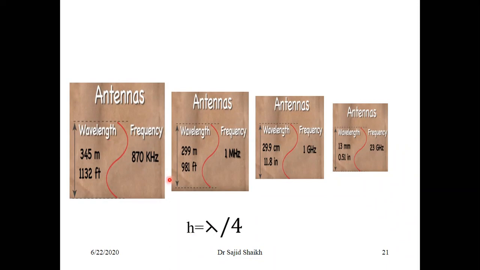So in this example, if the frequency is 870 kilohertz, then the height of the antenna will be 345 meters. You can calculate it in your notebook and you will find this figure.